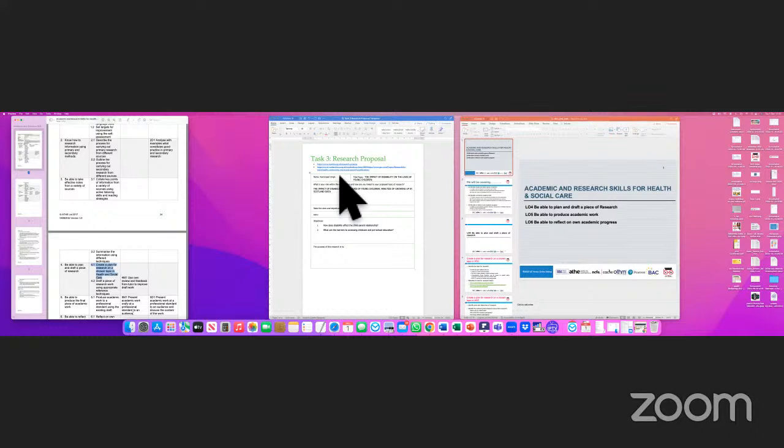You'd be looking at websites, articles, journals, or peer-reviewed reports, and they will be useful for you because you are going to be extracting data from these reports related to your field or area of research, and then you would write it as evidence or basically paraphrase it and reference it, and then write it as a report that you've carried out research in this area, and these are the areas from which you have gathered data.